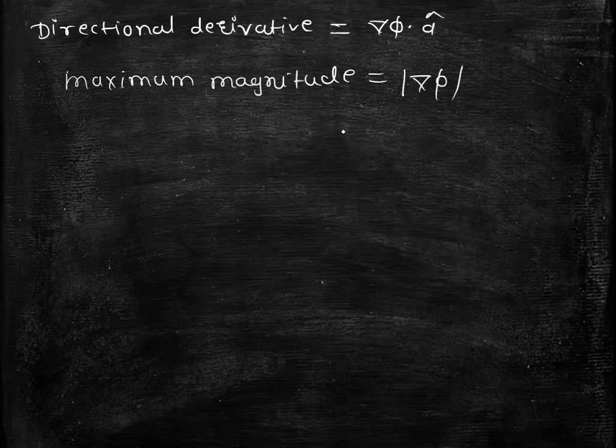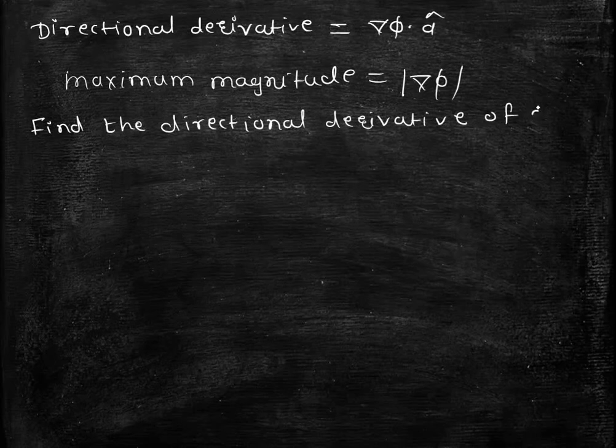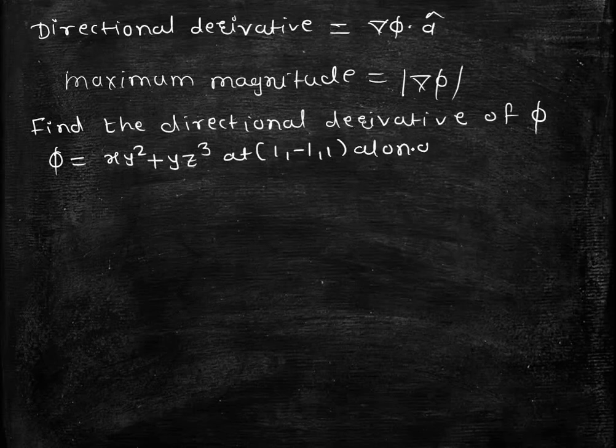One problem we have to solve. Find the directional derivative of phi, where phi is equal to x y square plus y z cube, at the point (1, -1, 1), along the vector i bar plus 2j bar plus 2k bar.